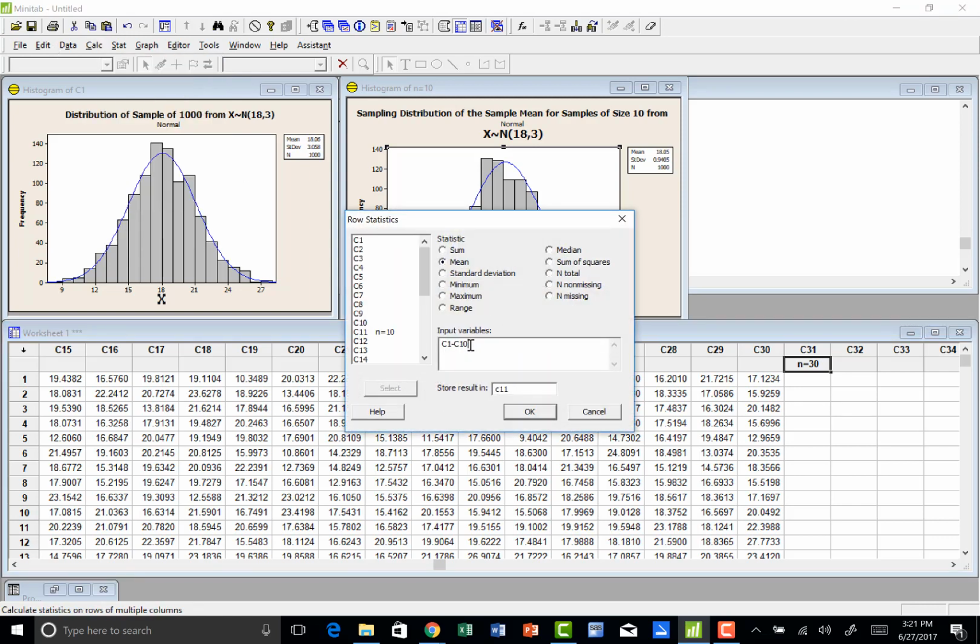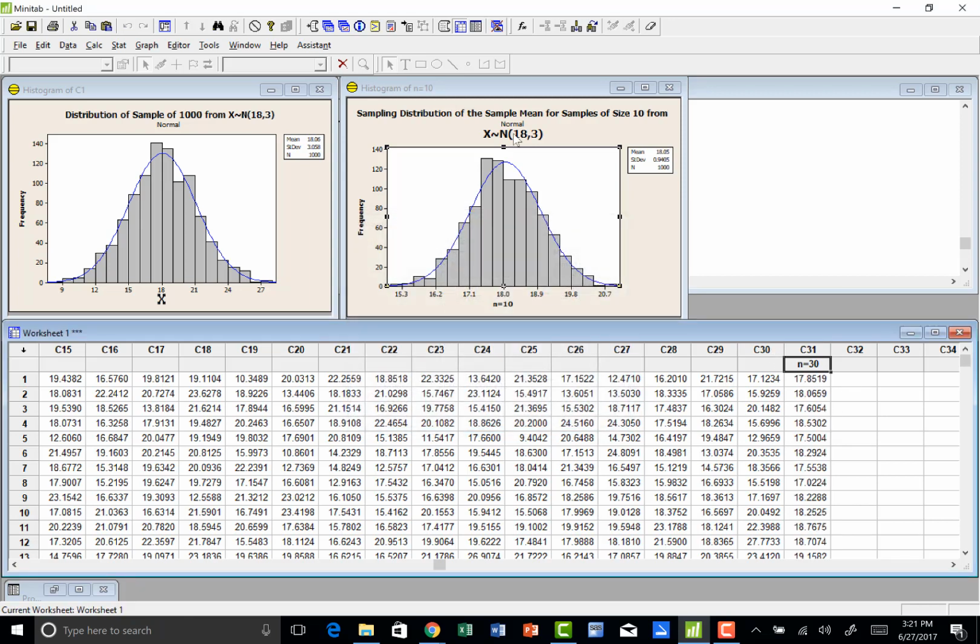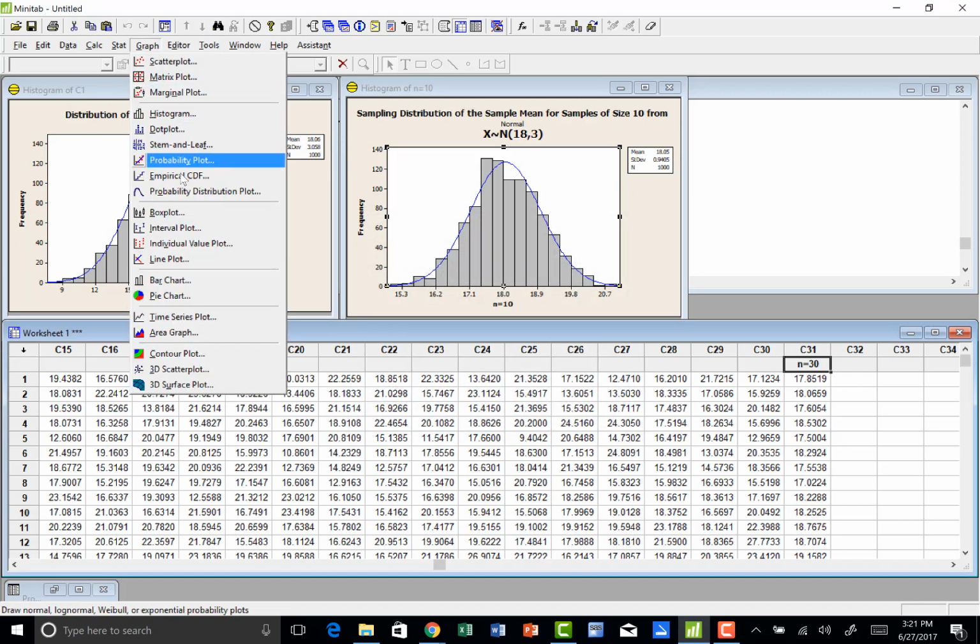We want the mean, but this time it's C30. Store the results in C31. And now I have that sampling distribution, and we can graph it.